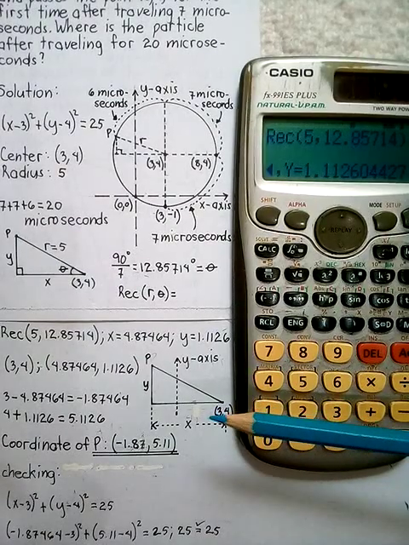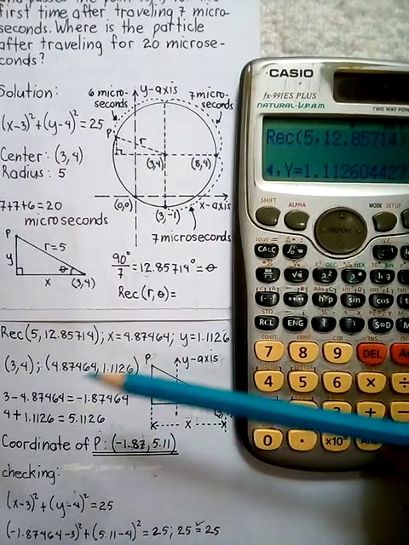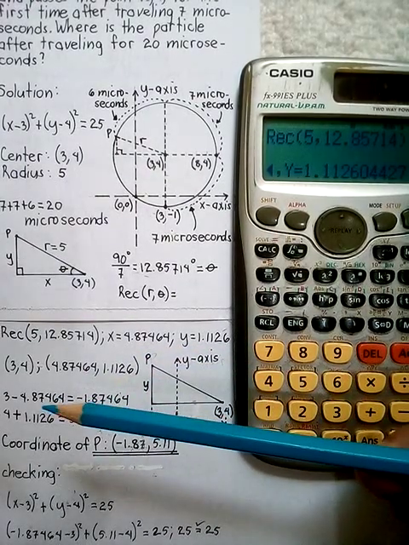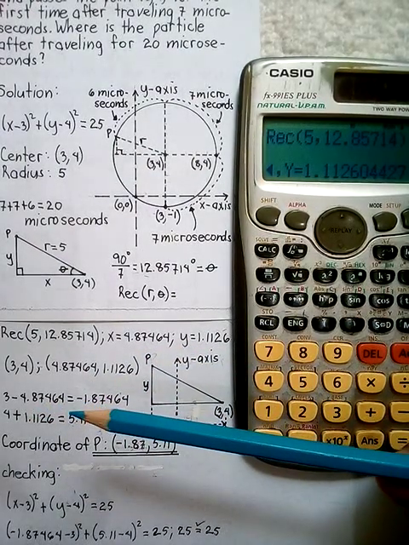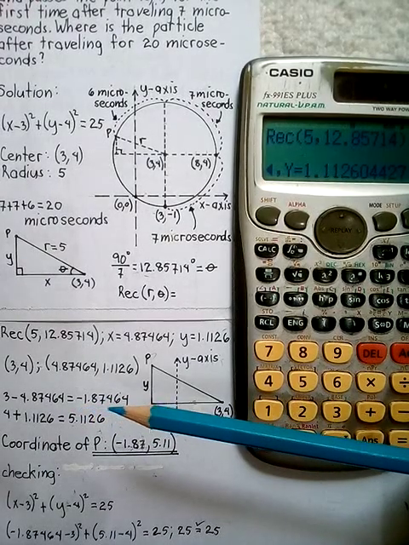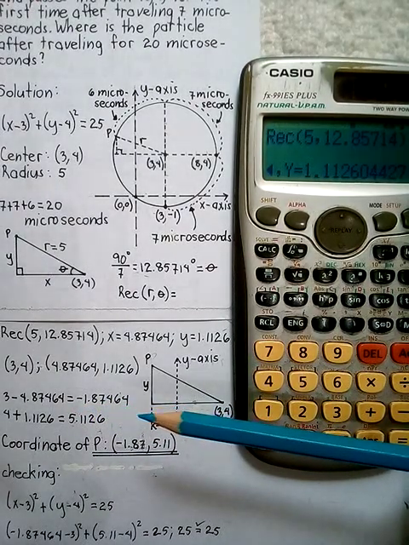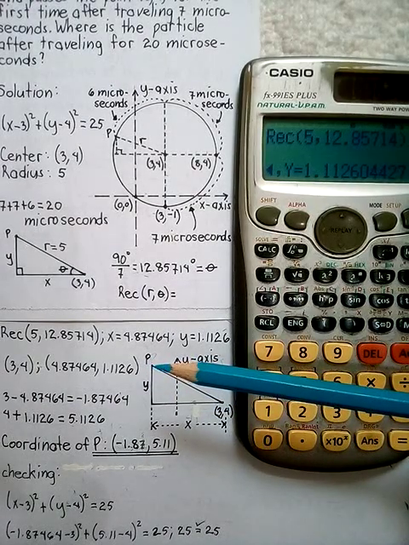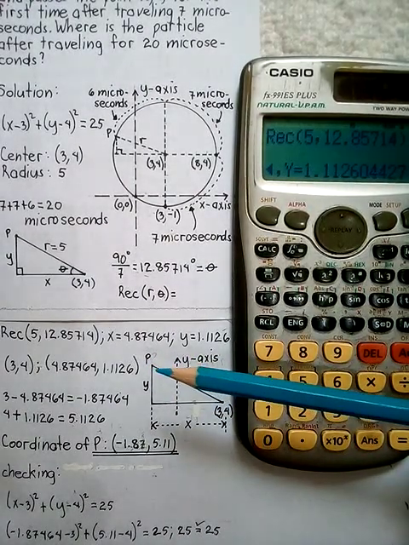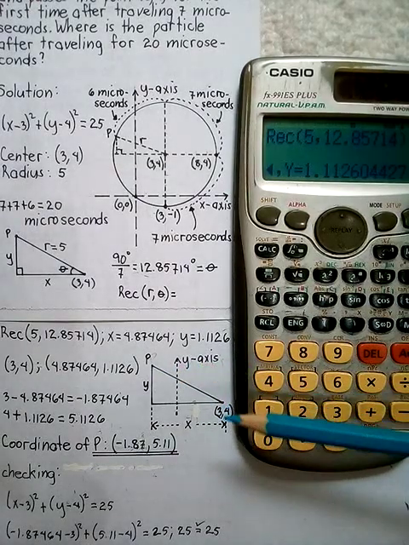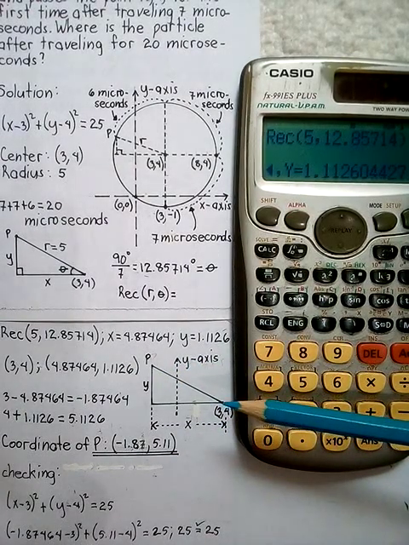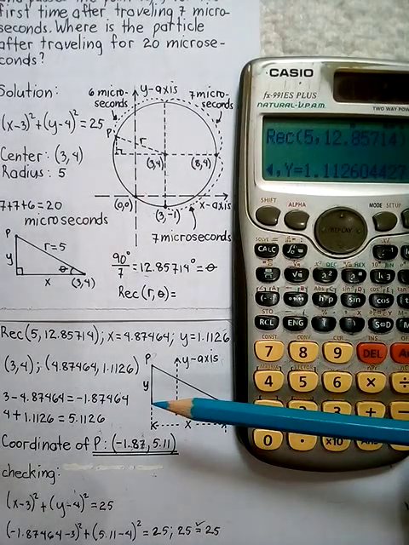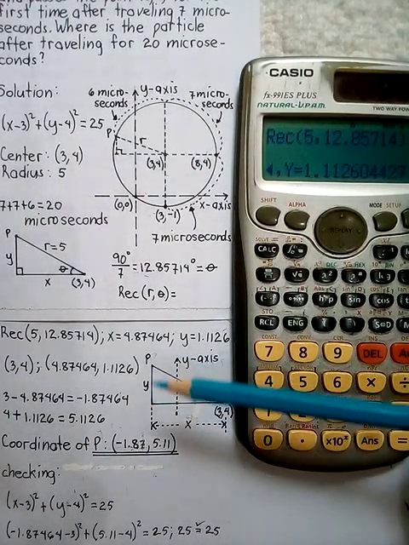So 3 minus 4.87464 is equal to negative 1.87464, which will be the x coordinate of P. For the y coordinate of P, we have 4, and here we should add the distance y.